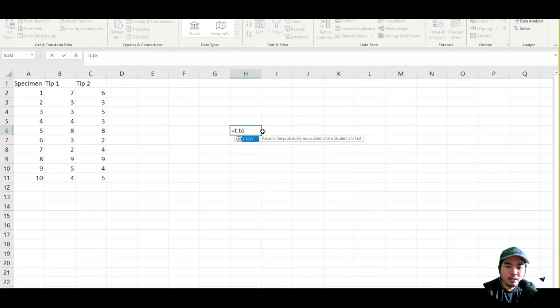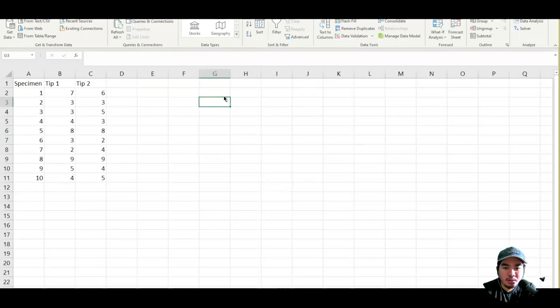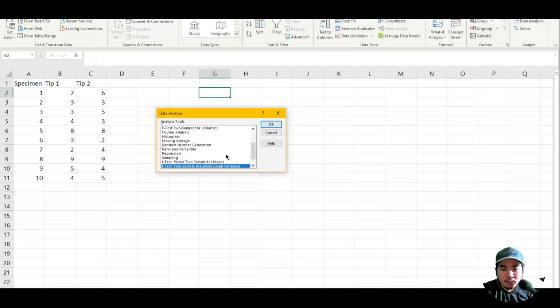Yeah, ito t-test kasi to, so p-value na yung nire-return niya. So, we can't use that. Ang gagamitin natin is data analysis. Let's do t-test for paired two samples. Ito yung paired observations.